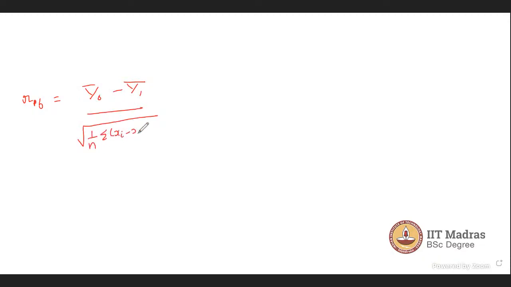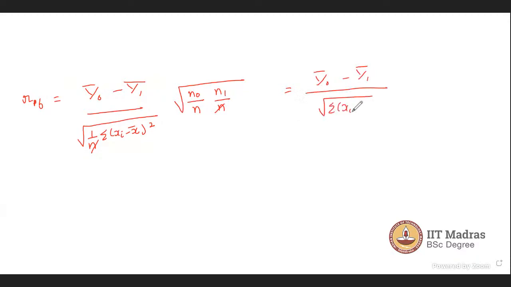I am just opening the sigma x term over here. p naught will be the number of observations belonging to that category divided by total, and p1 will be this, right? So here you can see this n and this n get cancelled out. So y naught bar minus y1 bar, and the root of summation xi minus x bar squared, and here it's n naught n1 by n.